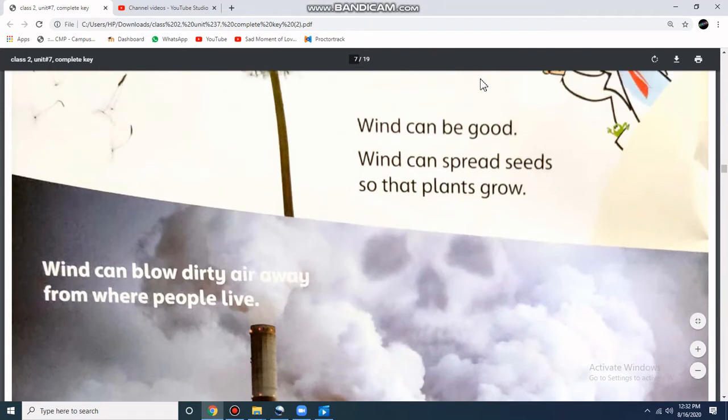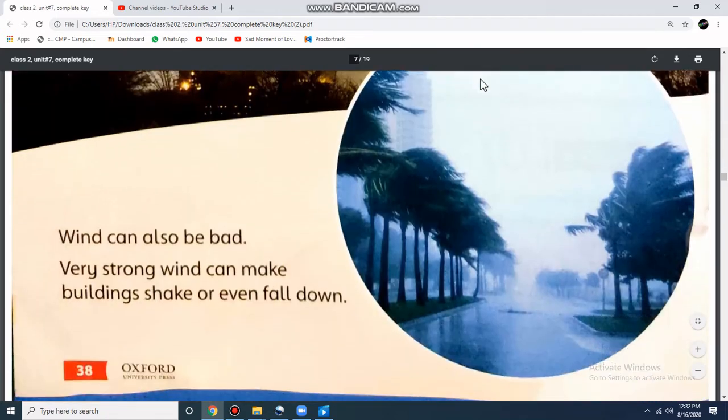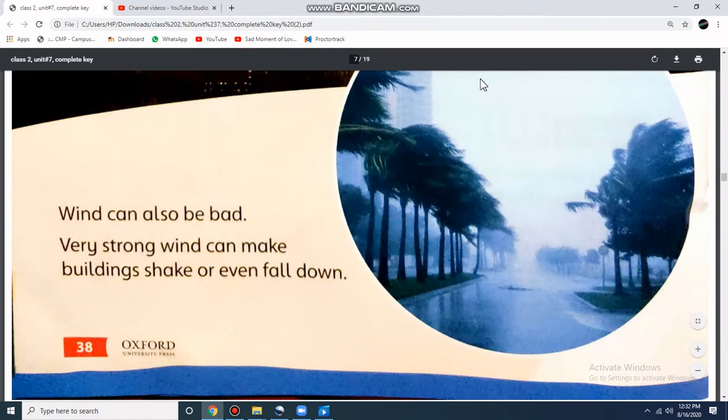Wind can be good because it can spread seeds so that plants grow. Wind can blow dirty air away from the people, so it's also a good point. Now here dirty air means the air of the industries, the air pollution, and all this smoke and so on.